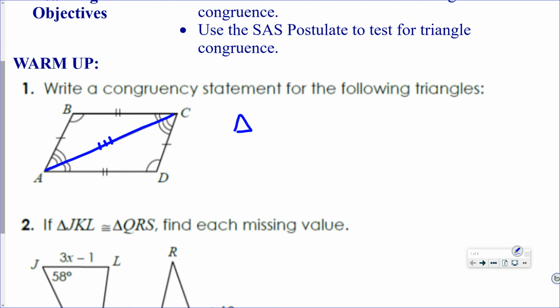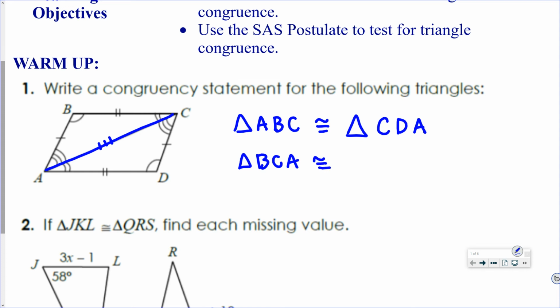Now if you start with A, B, C, we have to go in that same order. So I started with the triple arced angle, C, then I went to B, so I'd go to D, A. You could have also said triangle BCA is congruent to DAC, or another one I came up with.